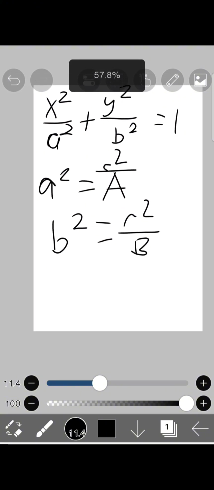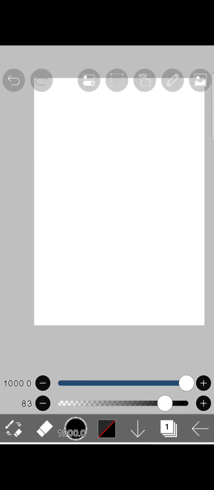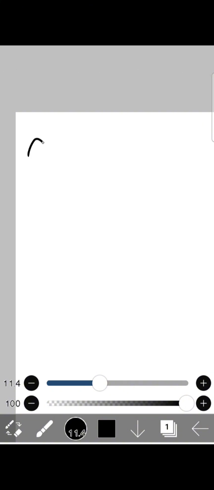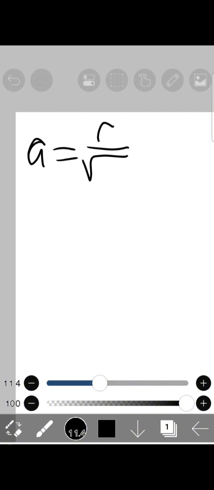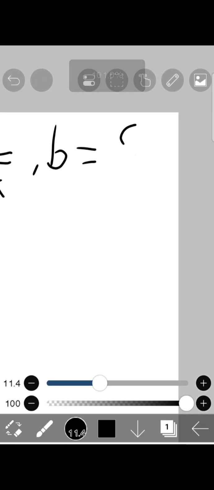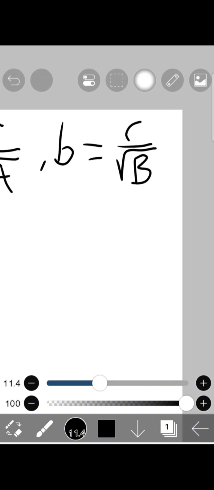Alright, so why is this very important? Because if we take the square root of both sides, watch this. If we take the square root of both sides, we can say that a is equal to r all over square root of a. And then that b is equal to r all over square root of b.